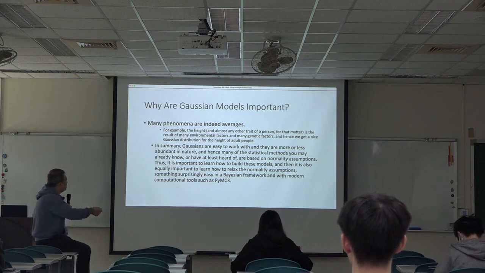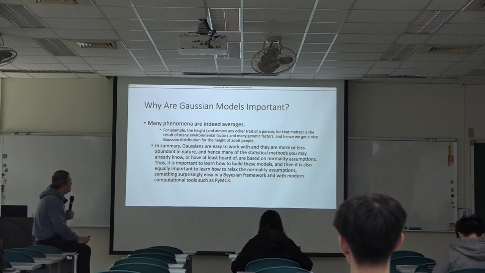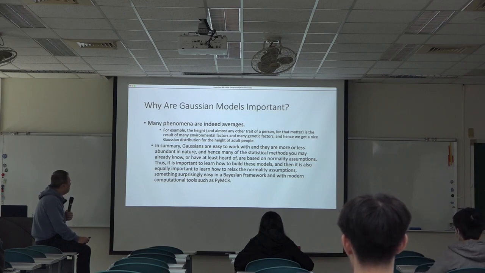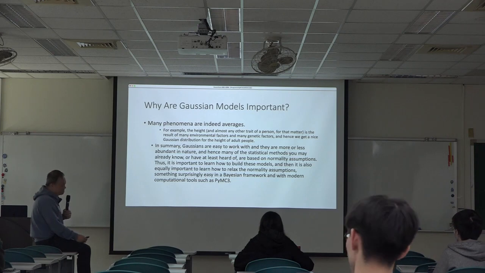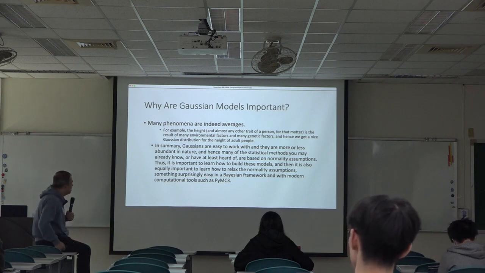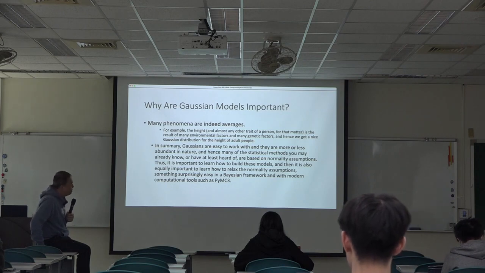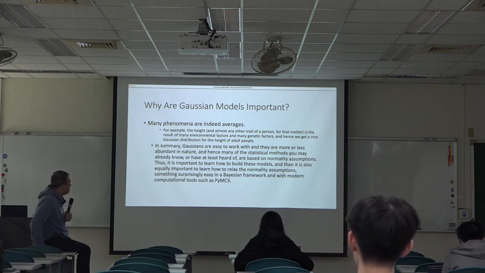It's because height is determined by a lot of different factors, such as environmental factors, like whether you are eating well when you are a kid, and many genetic factors, like how tall your parents are. So we get a nice Gaussian distribution for the height of adult people.